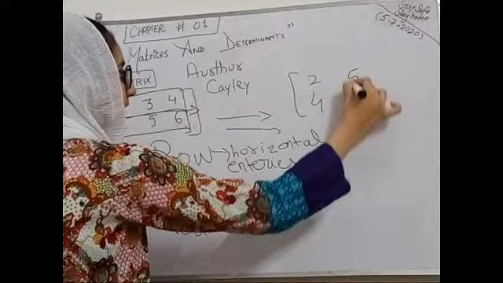So these are the columns. Now there were two rows in this matrix. We can count 1 and 2. 2 rows. And there are 3 columns in that matrix. 3 columns.